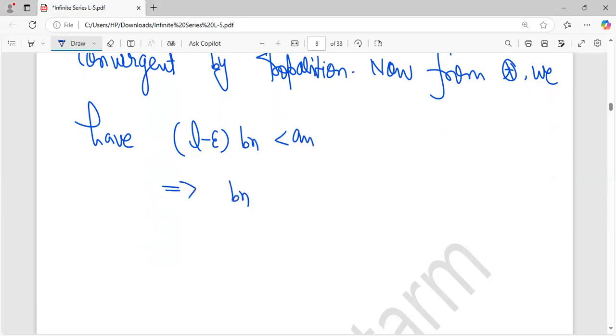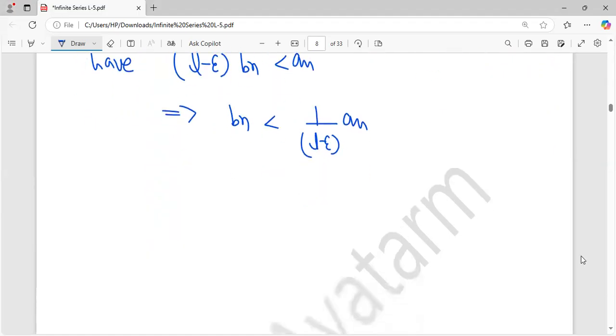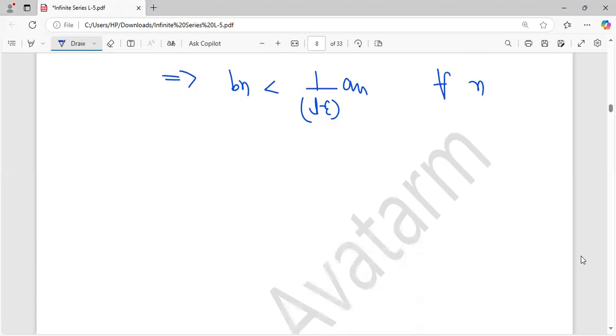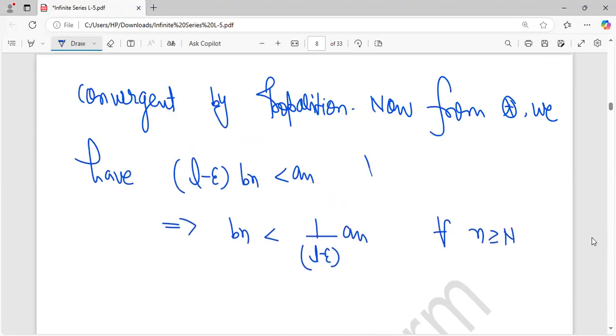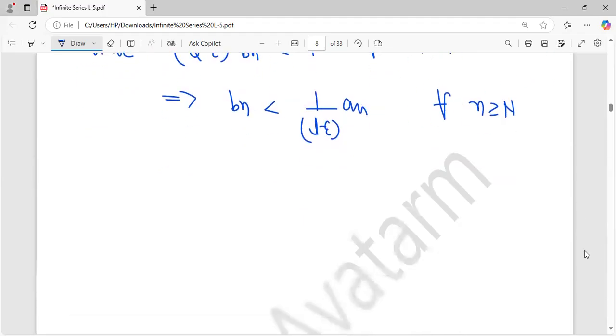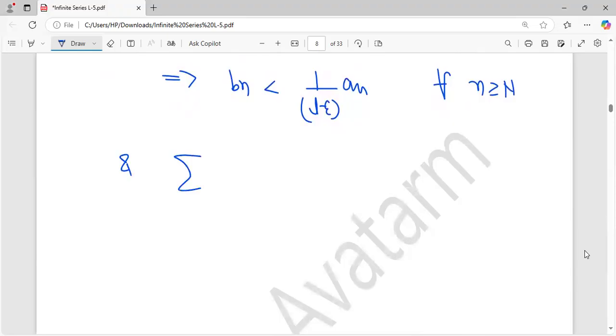This implies b_n is less than 1 upon (L minus epsilon) a_n, and you can consider 1 upon (L minus epsilon) a_n as the new term of this series, for all n greater than capital N. And this series summation n goes to 1 to infinity of a_n times 1 upon (L minus epsilon) is convergent.